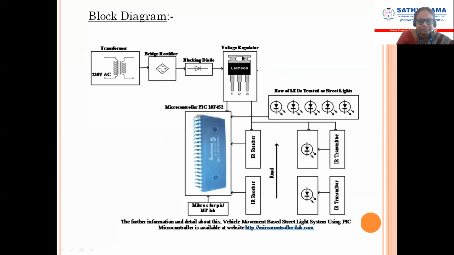So we use the 7805, so that it can reduce 12 volts to 5 volts. And we use the microcontroller PIC 18F452. Now it is connected to infrared receivers and transmitters, and these are the street lights.